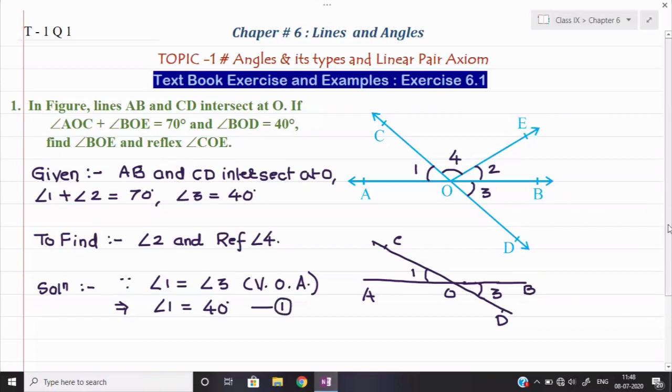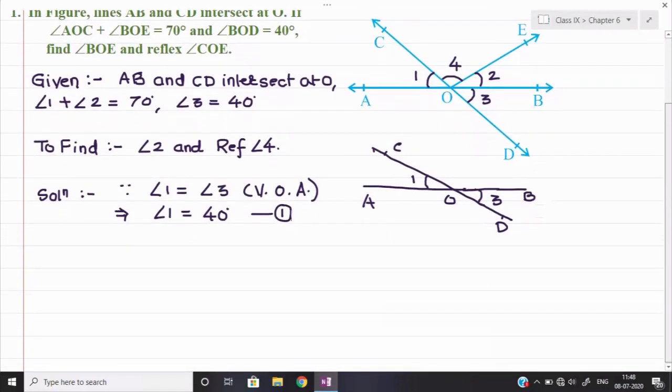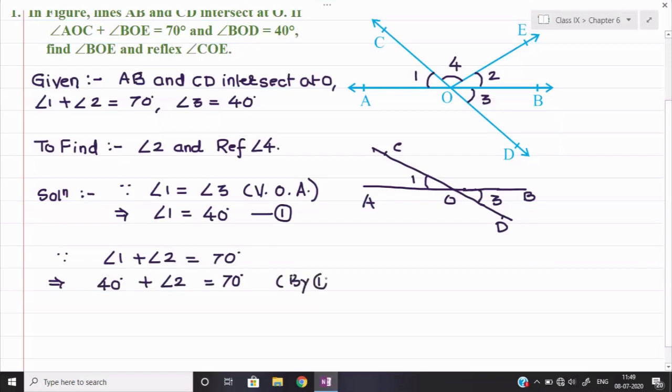Now we shall go a little further. We have given in the question already that angle 1 plus angle 2 will be equal to 70 degree. Okay, so now if I put the value of angle 1, that is 40 now, so 40 degree plus angle 2 will be equal to 70 degree. How can we say that angle 1 is 40? It is with the help of equation number 1.